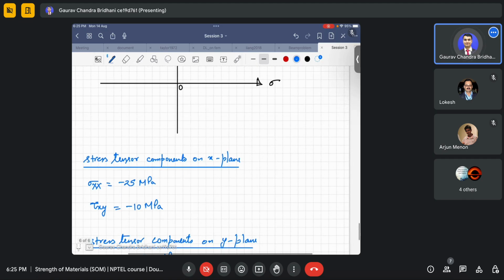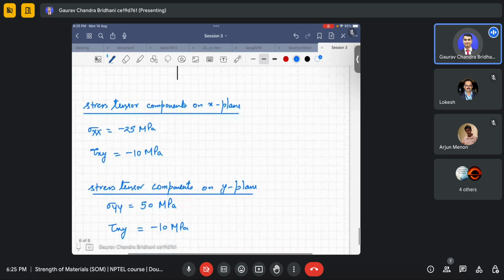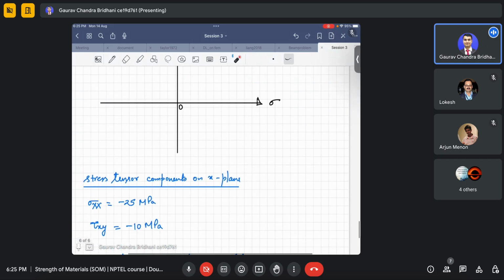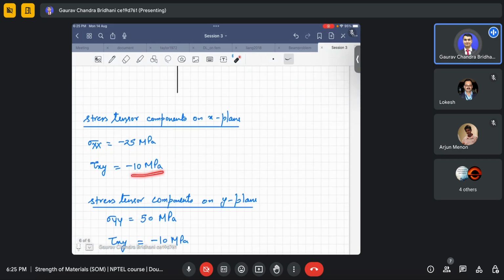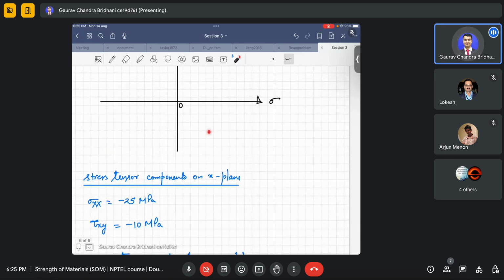Okay, so as has been explained in the class also, when you draw the Mohr circle, you have to be aware of what the shear is. The positive shear, while drawing the Mohr circle, is drawn downwards in the negative direction.